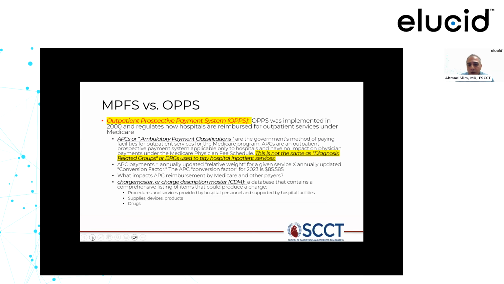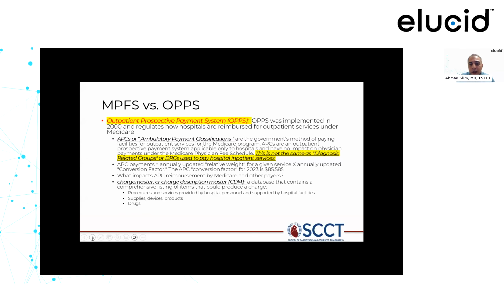Versus when we're dealing with hospital-owned practices or imaging centers, they do fall under a different system. They fall under the outpatient prospective payment system. And you'll hear us say the word APC, or ambulatory payment classification. So this is when the technical component is paid for through an APC. And this is when I highlighted earlier that cardiac CT is hurt because it falls under the APC as all CTs.